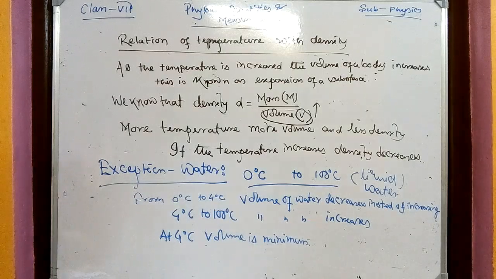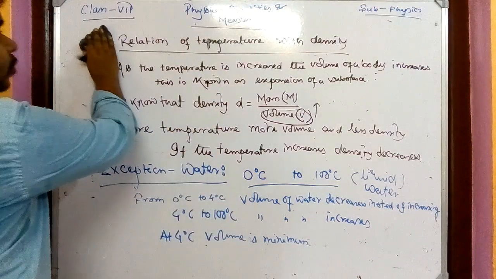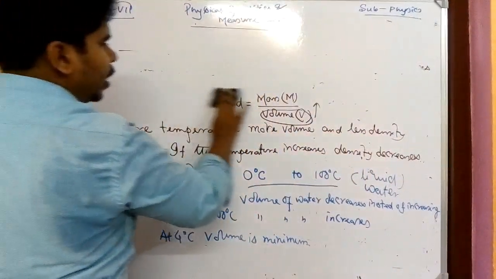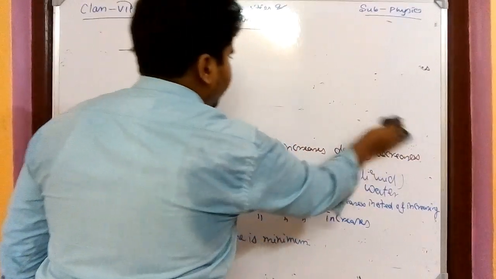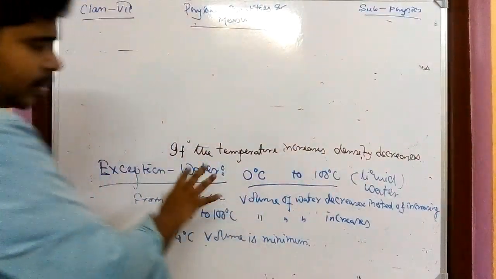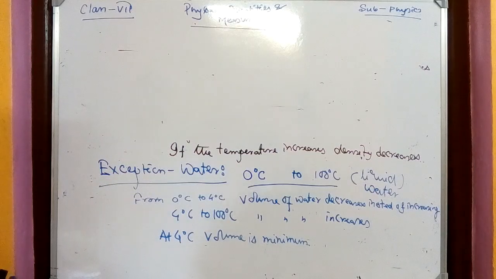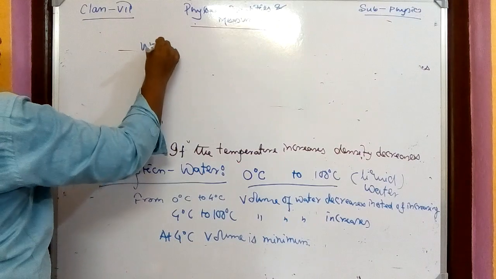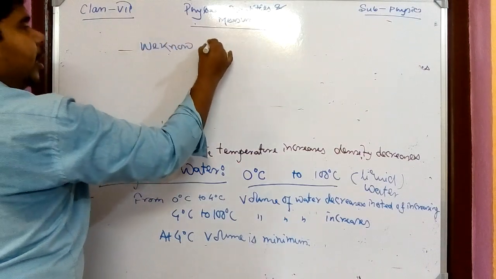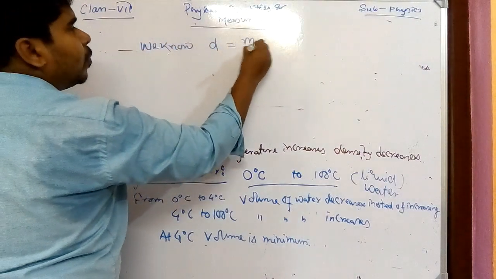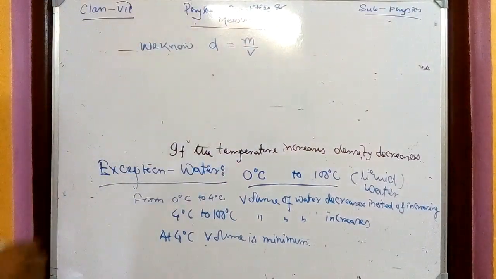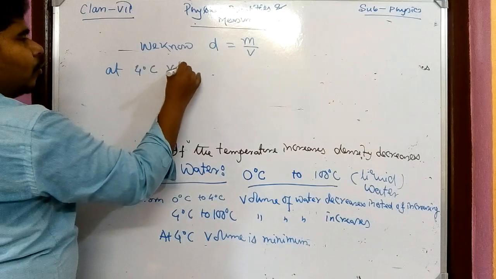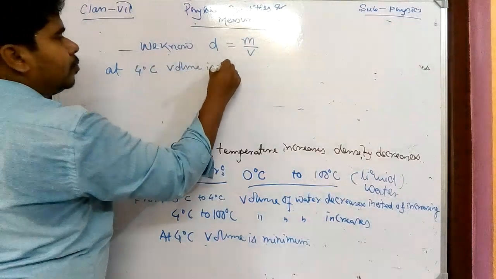That we have to see. That one is very common, that we have already learned earlier. From 0 to 4 degree centigrade, there is a tricky thing going on. At 4 degree centigrade, volume is minimum. We know density equals mass by volume, right? So at 4 degree centigrade, volume is minimum.